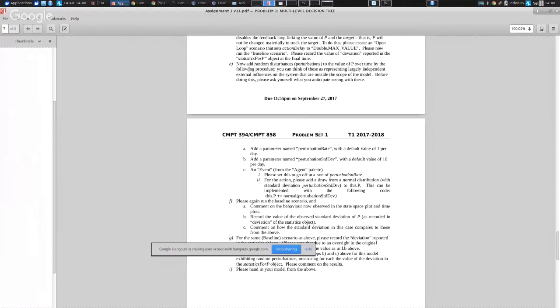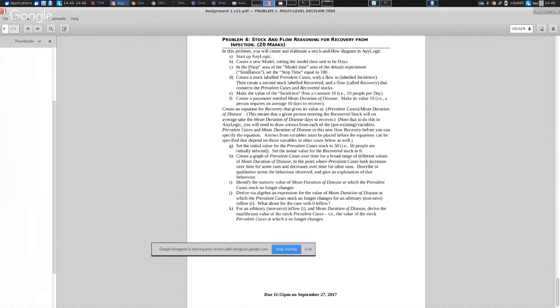Is that okay? Okay, let's talk about problem 4. For problem 4, I'm asking you to go through a building up of a model. And this model is, in fact, also a first-order delay.